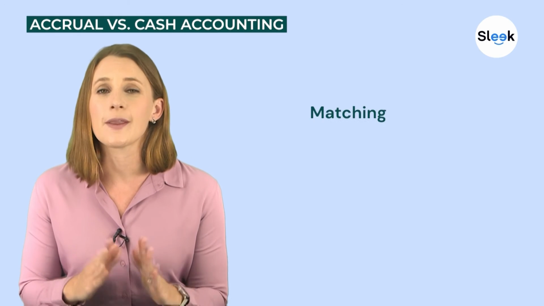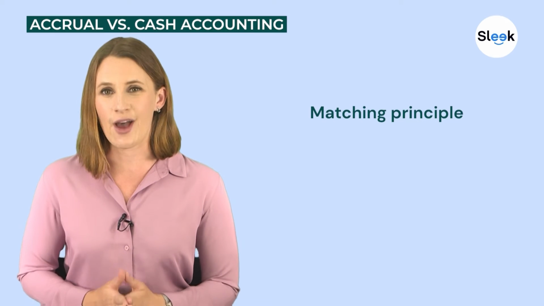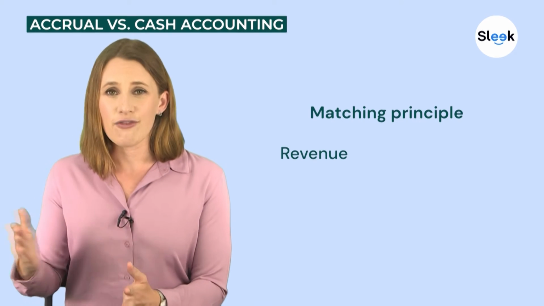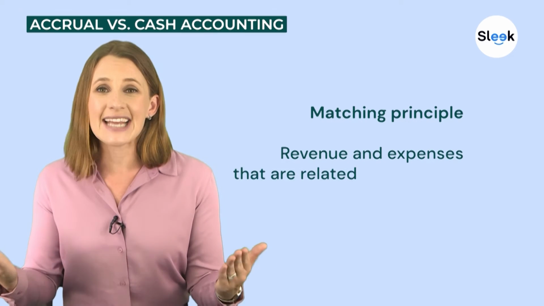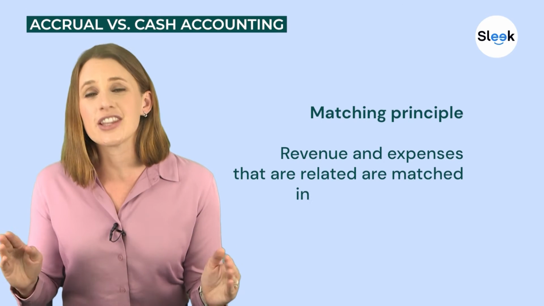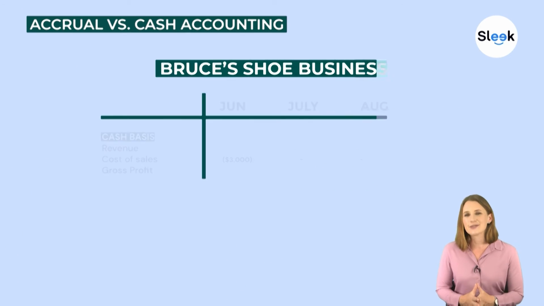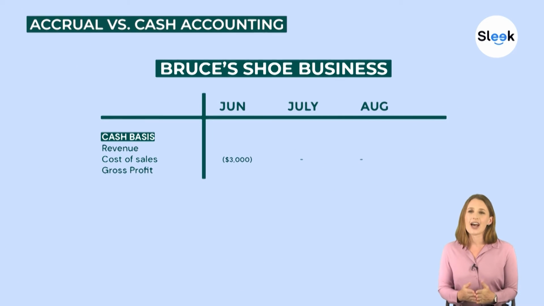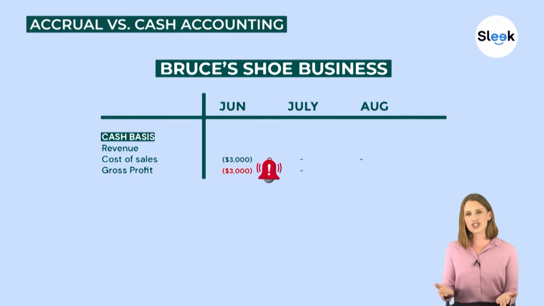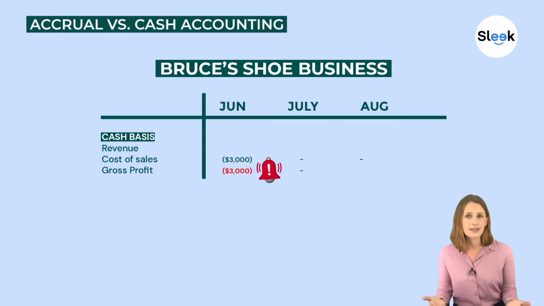This is what's called the matching principle of accrual accounting. That is, revenue and expenses that are related to each other are matched in the profit and loss. As we can see, if Bruce were to sit down with his cup of tea at the end of the month and review June's performance under cash accounting, he'd have a shock seeing a loss of $3,000.